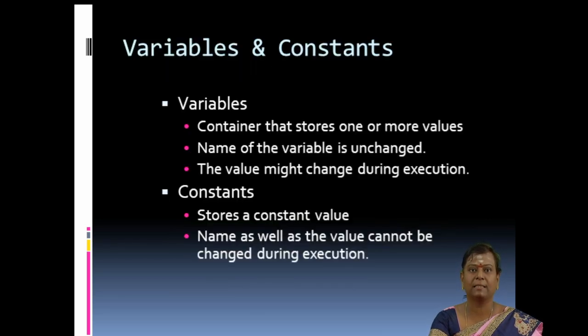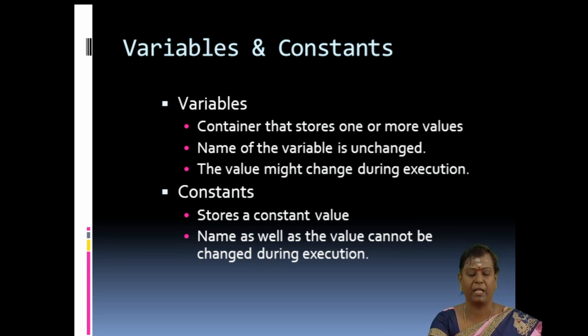So, first let us see what variables and constants are. A variable is something that can store more than one value. That is, it can hold dynamic values. In a single variable, we can hold more than one value during the execution of the program. The value can be changed, but the name of the variable cannot be changed.